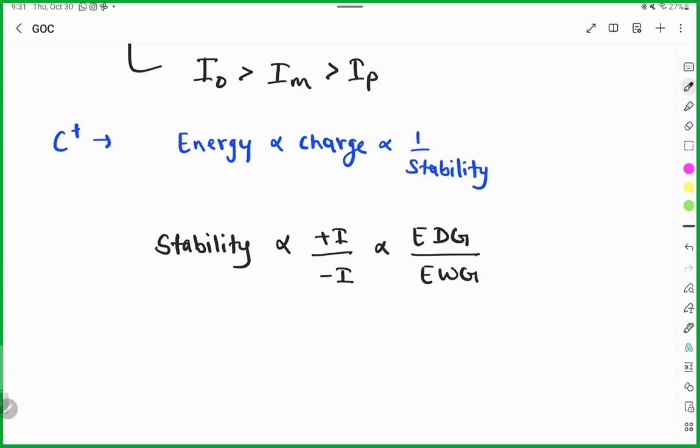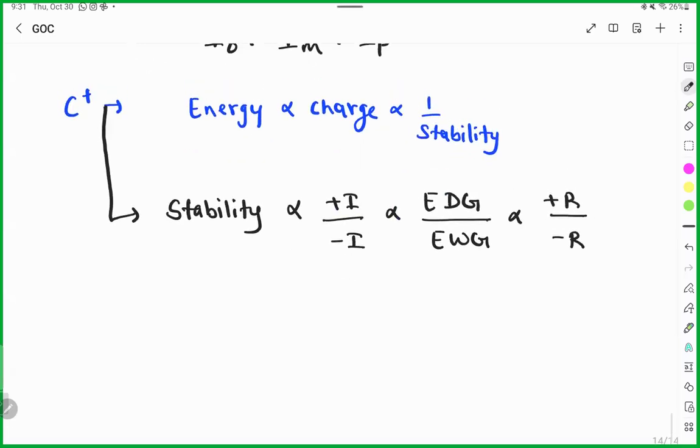Of what? Carbocation. Remember, carbocation. Okay. It means plus resonance effect will increase stability and minus resonance effect will decrease the stability. Okay.